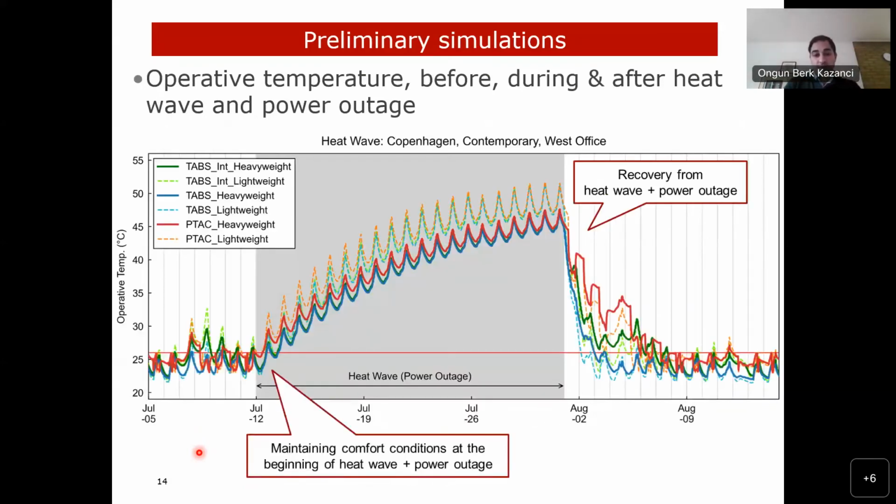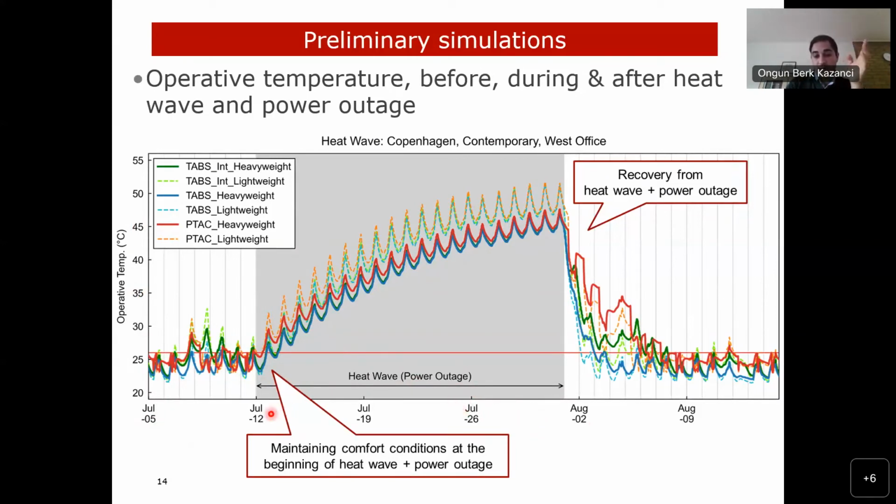So now I'll show the operative temperature before, during, and after a heat wave and a power outage. Here, on the y-axis we have the operative temperature, and on the x-axis we have the time of the year. It starts from about July 5th and ends about mid-August. And this gray zone here is where you have the heat wave and the power outage.